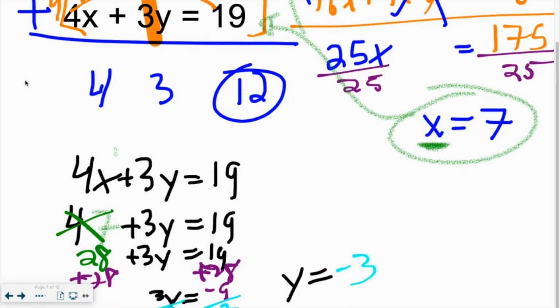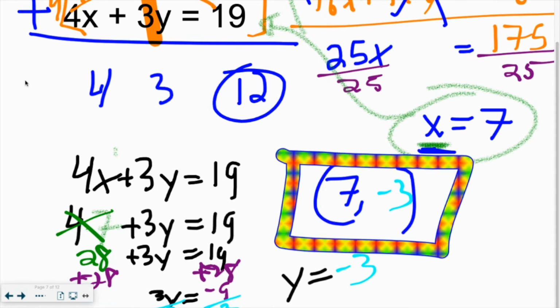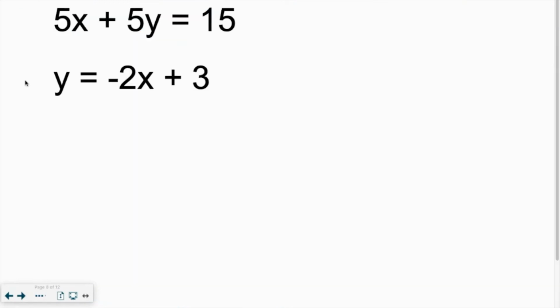Put them together, the x value first, so make sure between the -3 and the 7, you know which one was for the x. It'll say x equaled, so that's your cue there. 7, -3, put them in parentheses, box them up. If your teacher assignment or quiz or test says to check it, please make sure that you do check that.